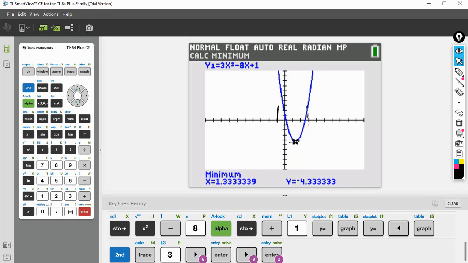The minimum occurs at time 1.3333, and the minimum velocity would be -4.3.